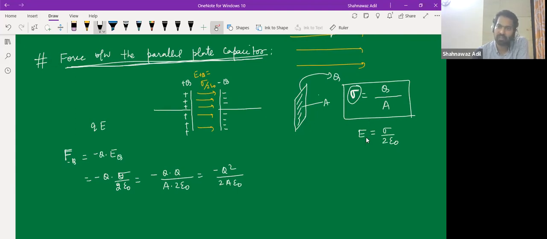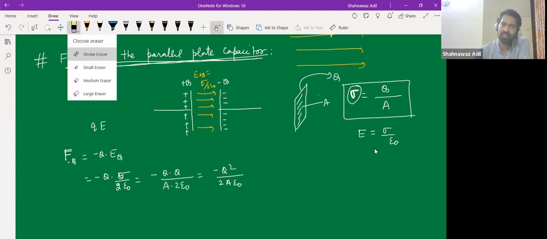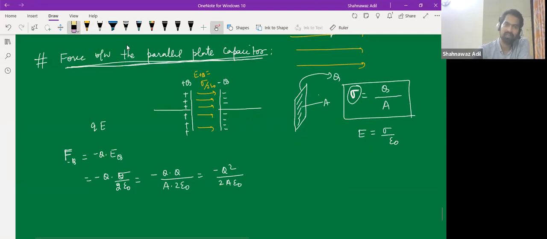If we combine positive and negative, then inside the plate you will get sigma by epsilon naught, right? So this is only inside the plate, and this we have derived earlier. Okay.